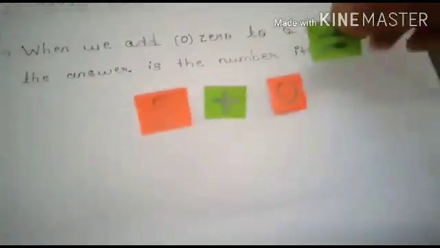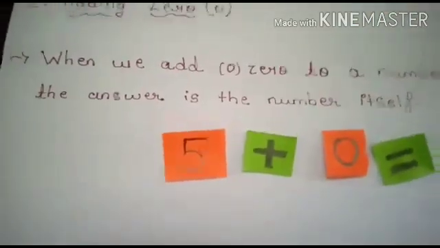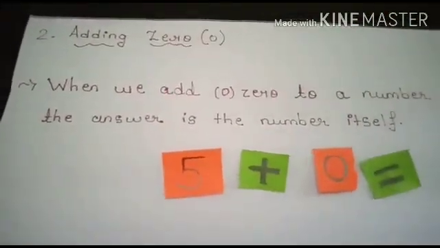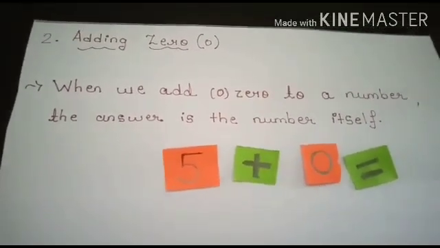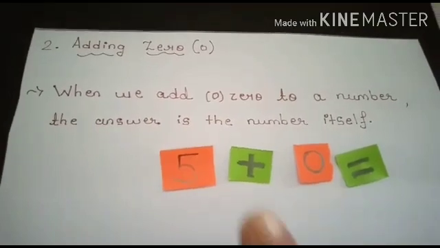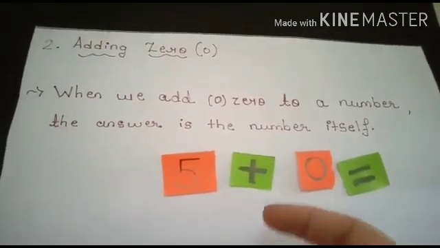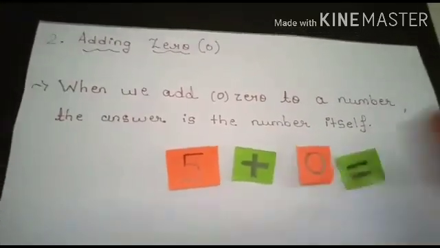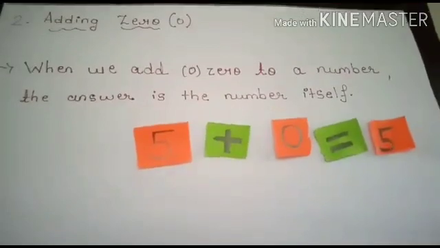So we can say 5 is the origin and 0 is the addend. The bigger number here is 5. So if we add 5 with 0, what we will get? The number itself. So our sum is 5.